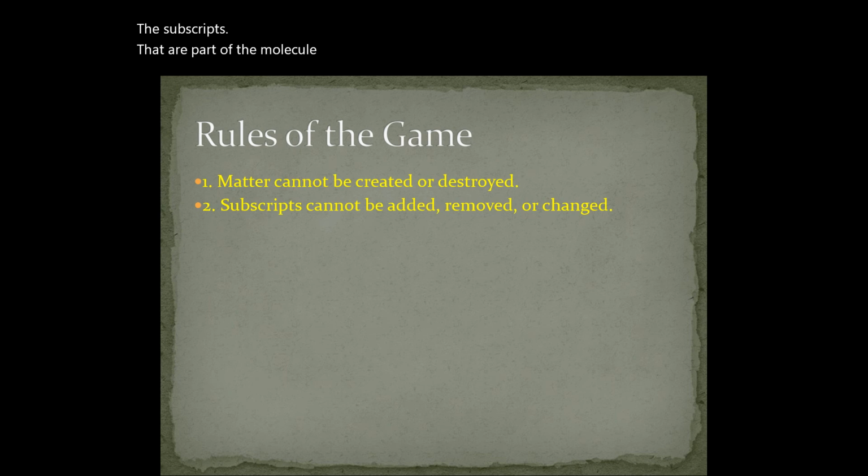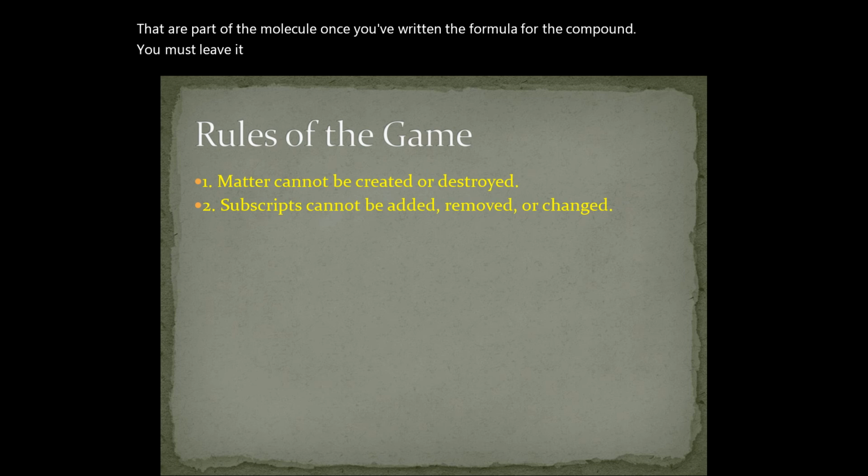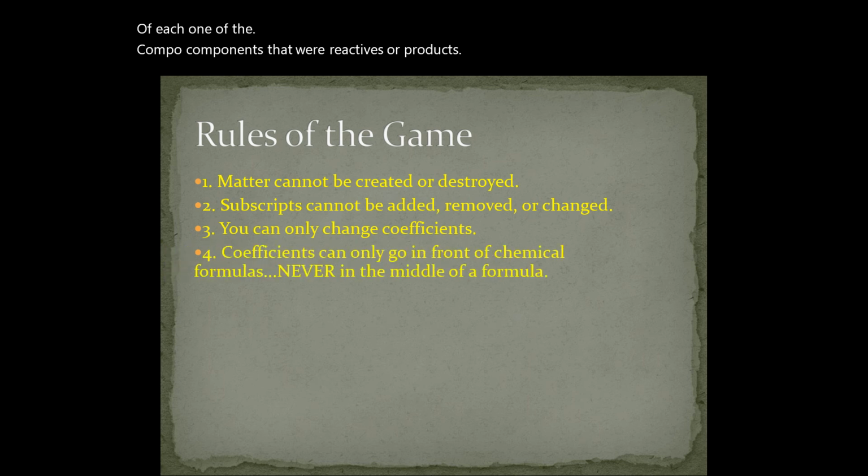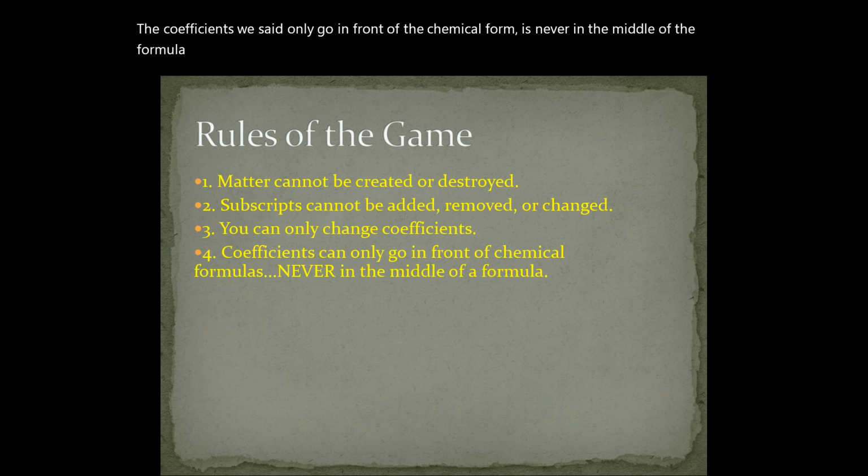Once you've written the formula for the compound, you must leave it alone, not change the subscripts, only add coefficients out front to show an additional number of each one of the components that were reactants or products. The coefficients only go in front of the chemical formulas, never in the middle of the formula. That's kind of weird, but I've seen that happen before.